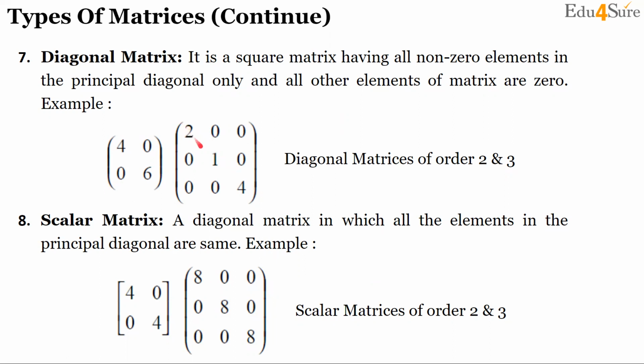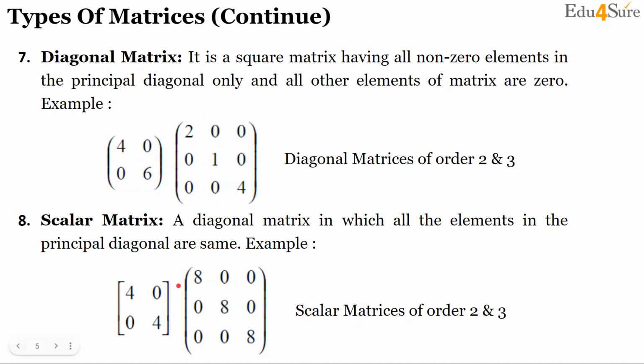Diagonal elements are the ones present in the diagonal. In a diagonal matrix, the diagonal elements will be non-zero, meaning in the diagonal you should not have zero values.